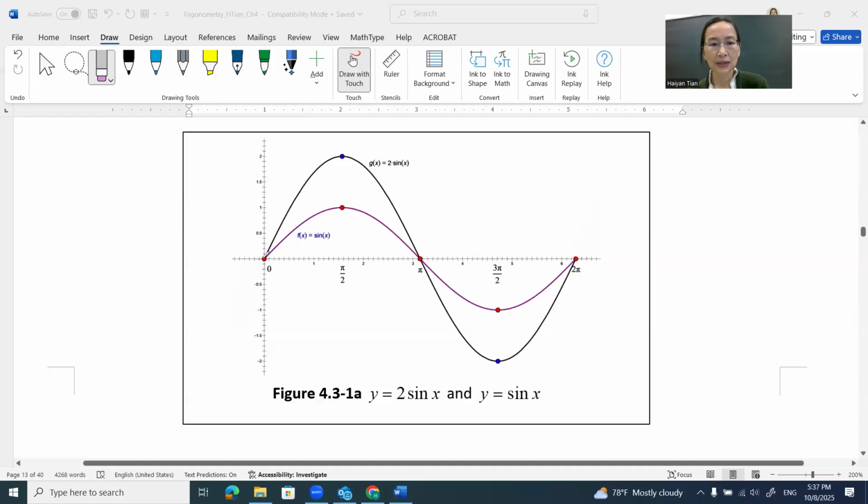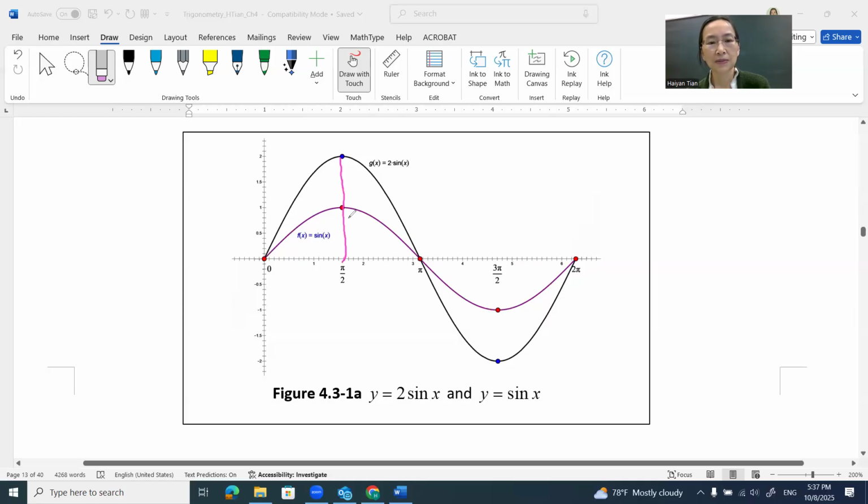And we compare the 5 points. You see the x-intercepts are still there, but the maximum value differs. Comparing sine with 2 times sine, all the other function values differ as well.